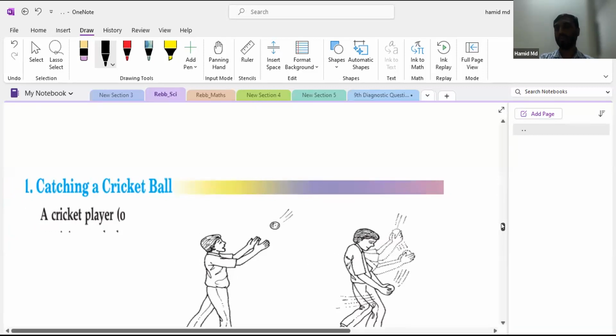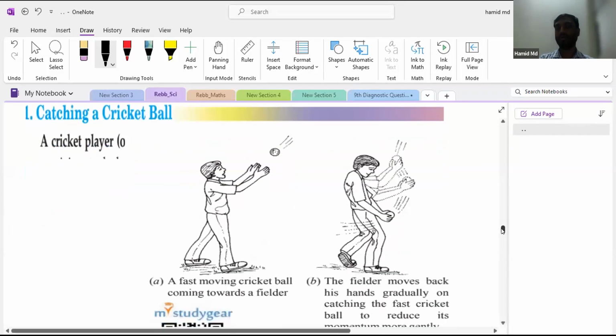So what was Newton's second law? We discussed that law in the form of change in momentum, right? Yes, sir. So what is momentum? Do you remember?